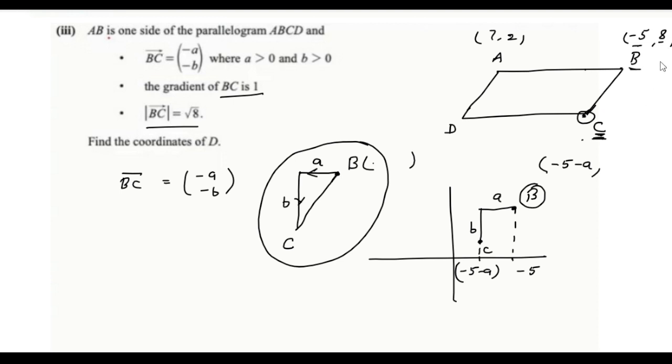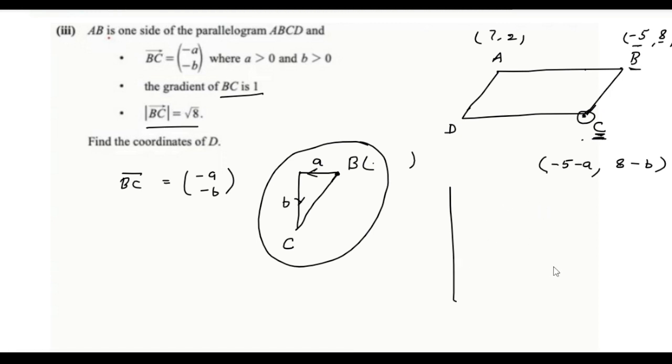Now the y coordinate of B is 8. Can you tell me what is the y coordinate of C? It's 8 minus B. Yes. Allison, you understand it.